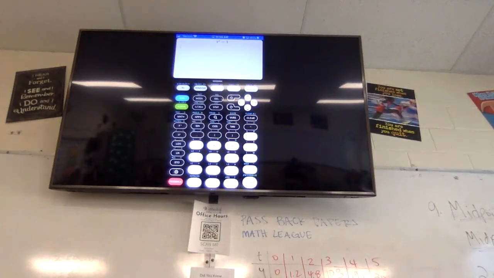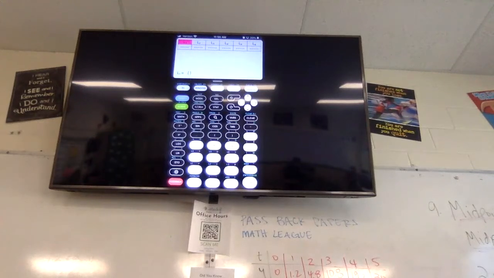Stat is the button under delete. So go find stat in your calculator, hit stat, and then the first option is edit. So we hit stat and we hit edit. Stat, edit. And when you do that, you should get something with L1s and L2s.